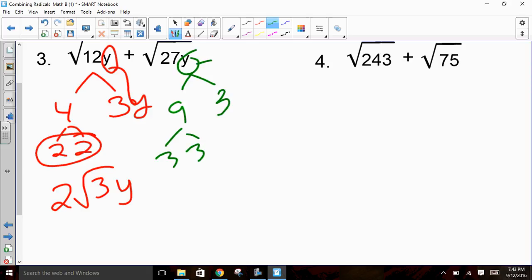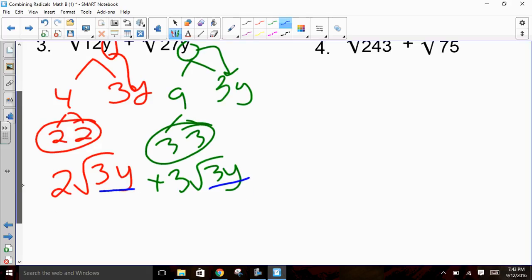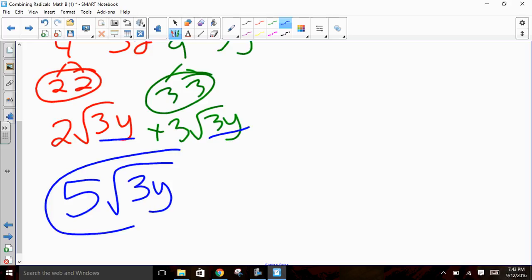Again, there's only one y, so he's going to come and hang out with my 3. We didn't have enough variables. There's no exponents. I only have one of them. I need 2 to come out and hang out. So they stay inside. So then I take a peek. 3y, 3y. We're good to go. So 2 plus 3 gives me 5. So 5 root 3y.